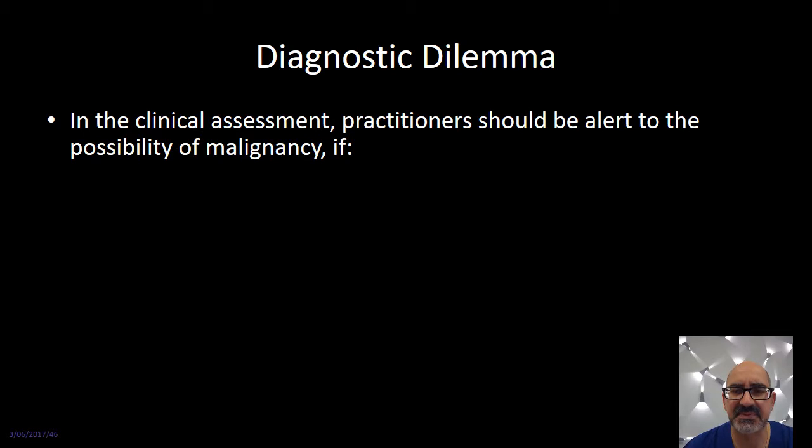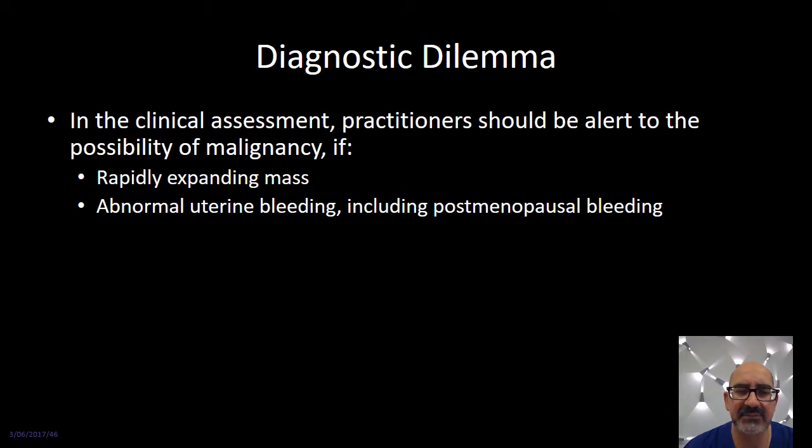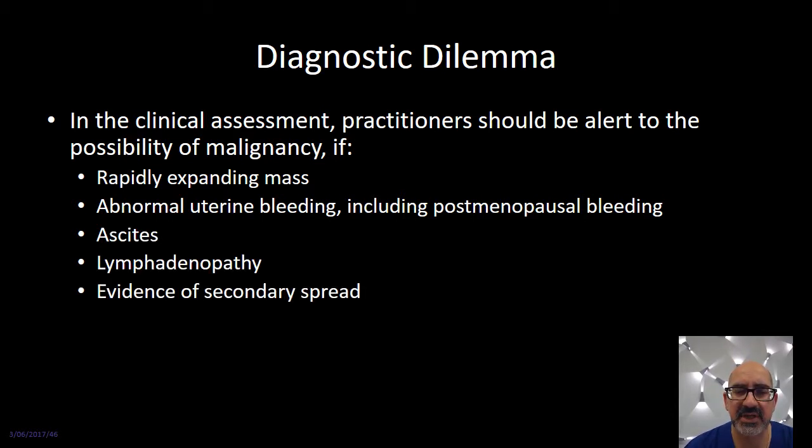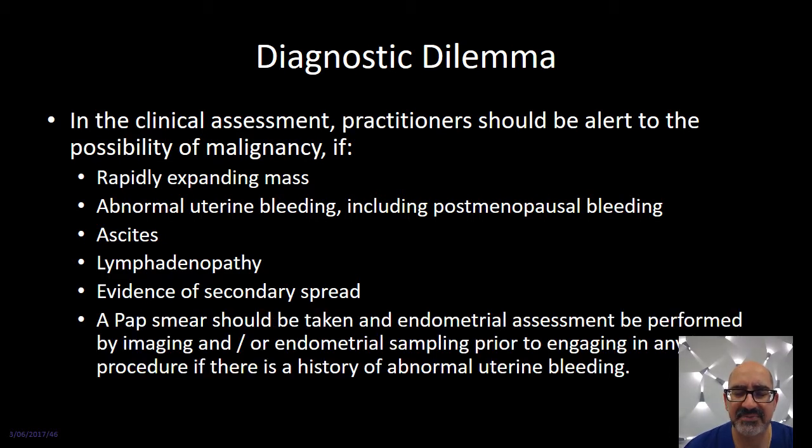In the clinical assessment, practitioners should be alert to the possibility of malignancy if there is a rapidly expanding mass, abnormal uterine bleeding, ascites, lymphadenopathy, evidence of secondary spread, obviously, and a pap smear should be taken as part of the assessment.